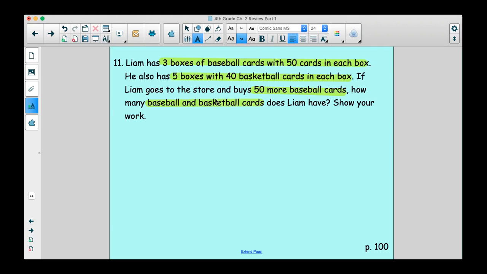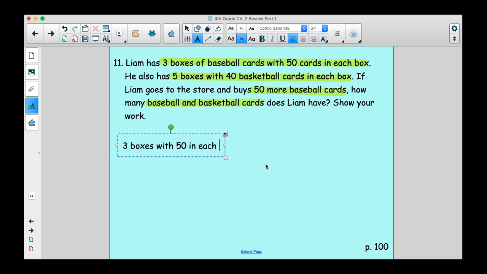Sometimes I almost just like to write one big old expression so I can figure it out. So 3 boxes of baseball cards with 50 cards in each. Okay, so 3 boxes with 50 in each. Okay, so we know that for sure.